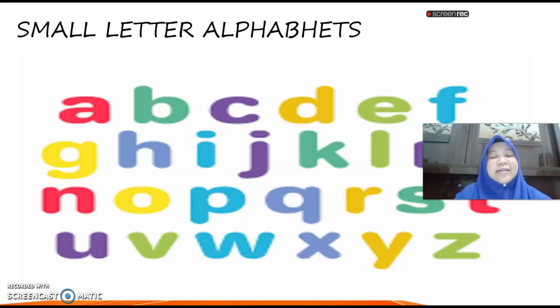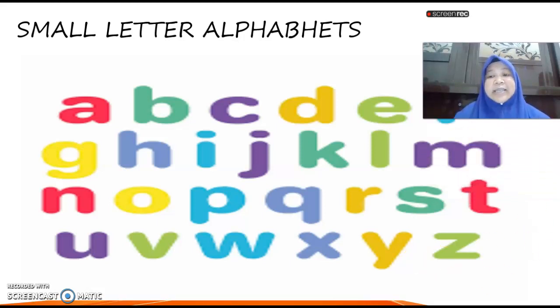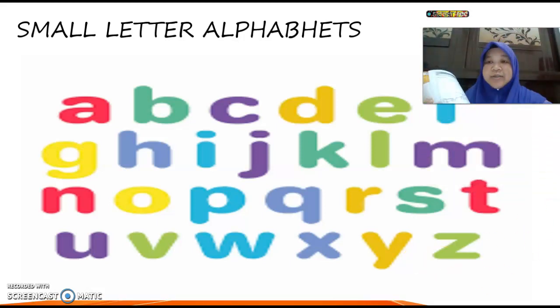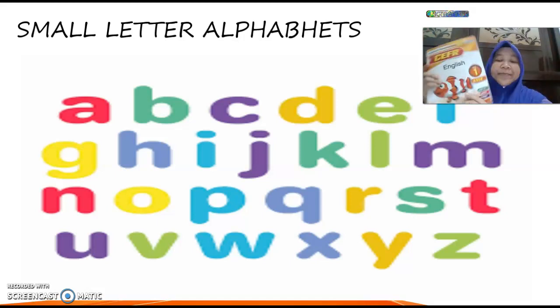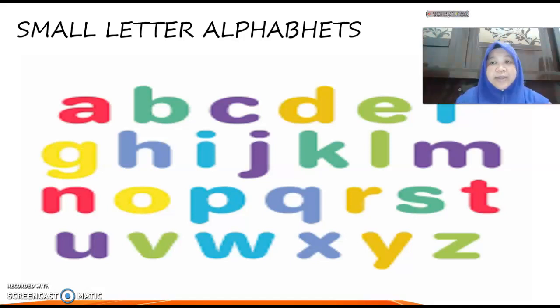Class, I hope you know all the alphabets. You have to remember to write all the small letters and big letters correctly. So for our first exercise, open your English activity book and turn to pages 2 and 3.